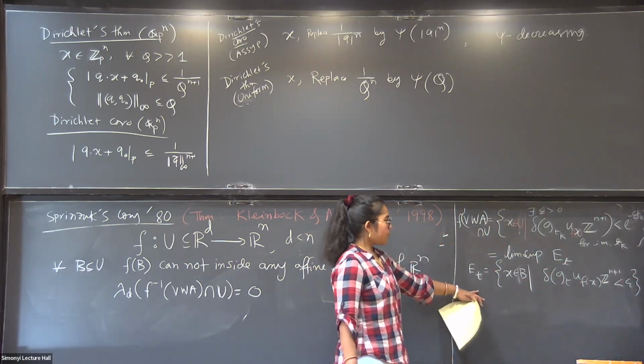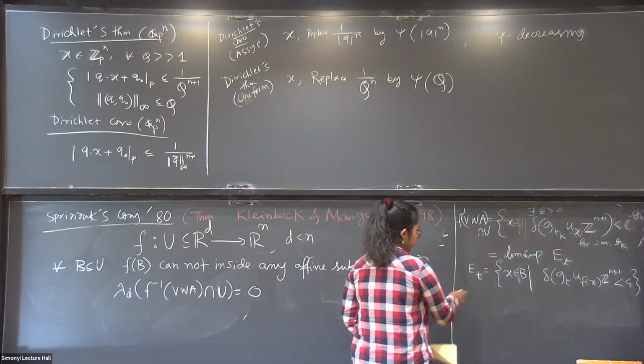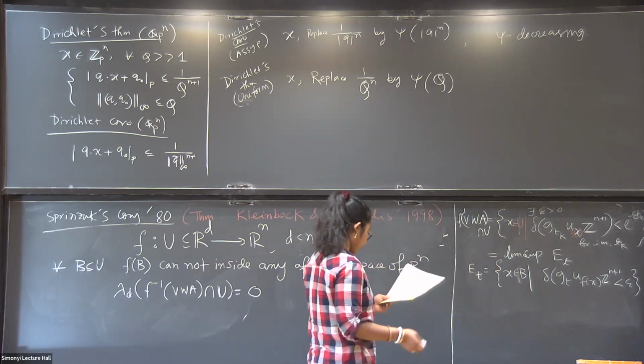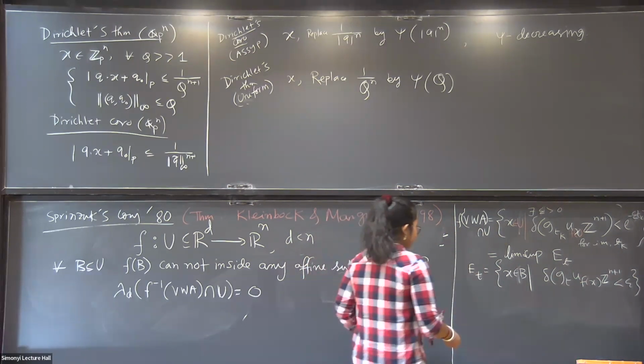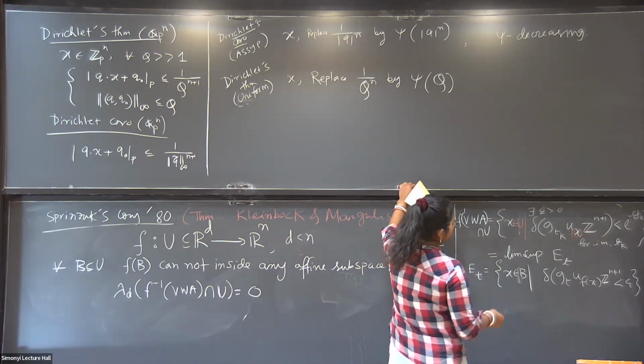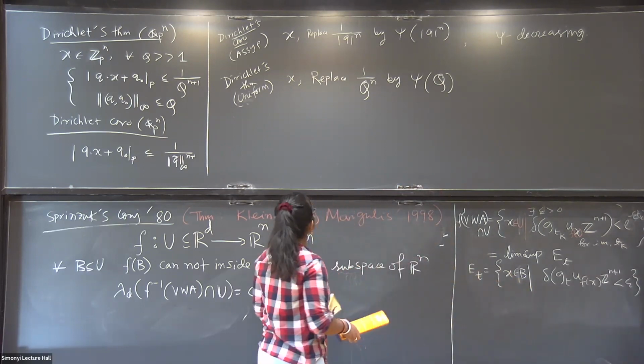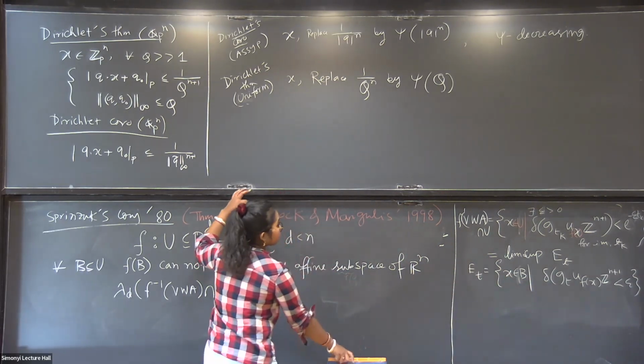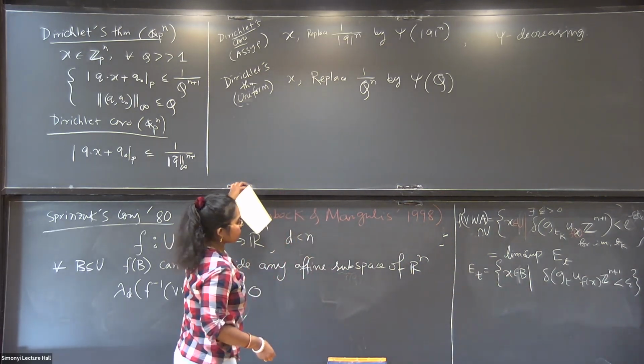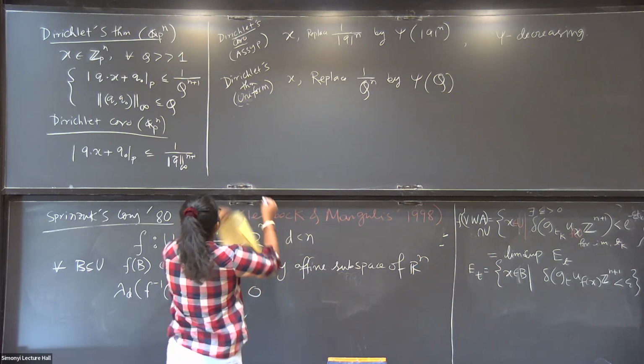So maybe we want to estimate these kinds of sets and then use Borel-Cantelli, and the proof is done. The main part of the proof was to estimate these sets. So maybe I can just write down the proposition, and I will come back to that if I have time. So this is the proposition.